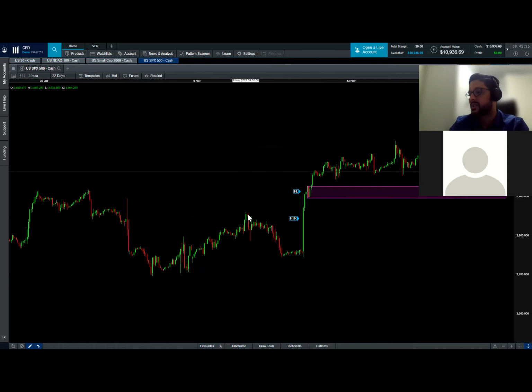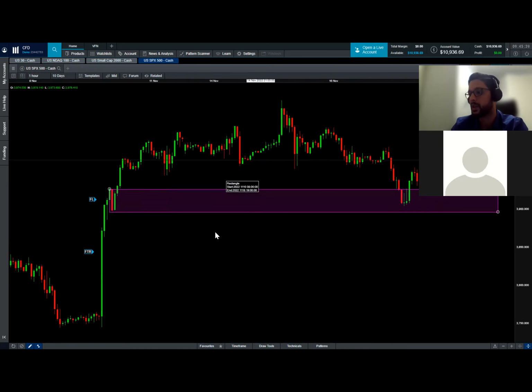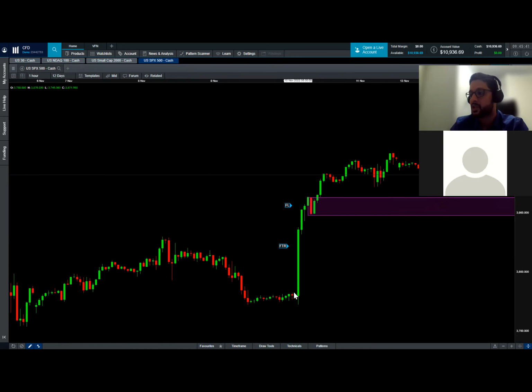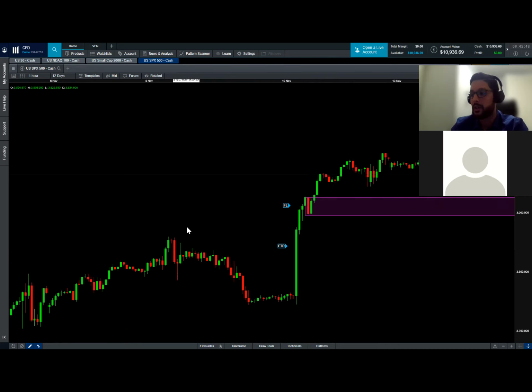This is a resistance area, right? So this is a resistance area just because market went all the way up to here, coming down, bearish consolidation, fails, and market, on the CPI number, going all the way up there. So there should be a strong buyer here to spike up and engulf this pivotal point, right?